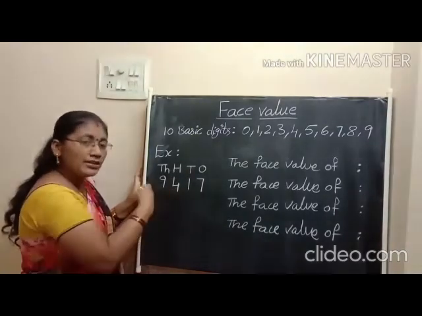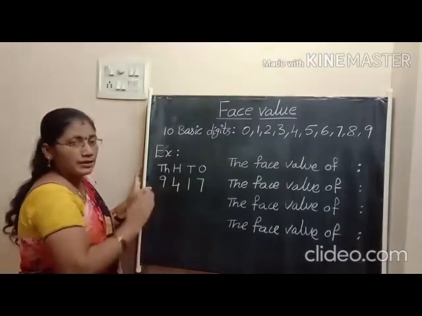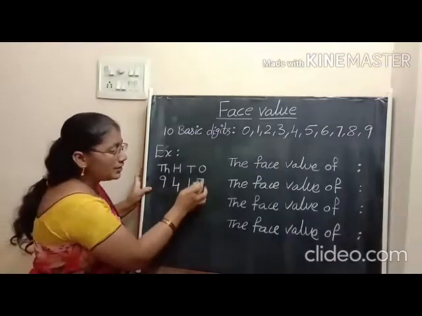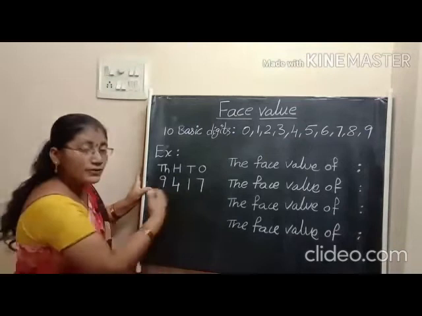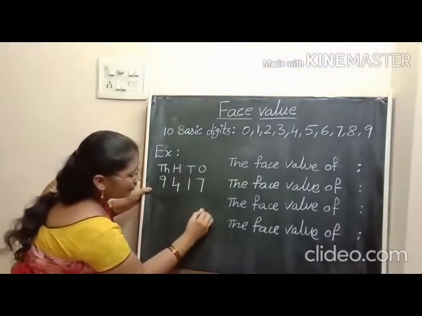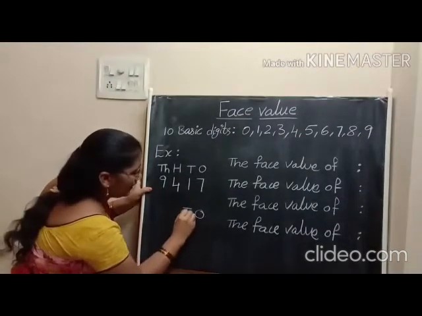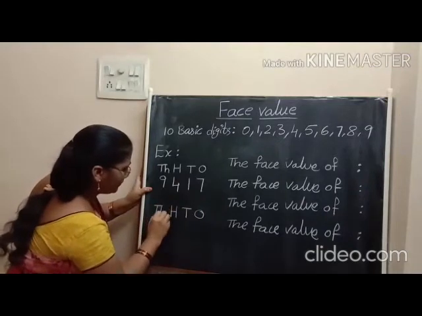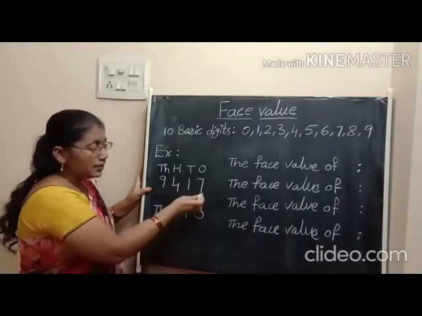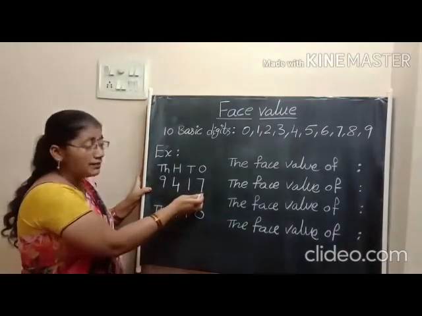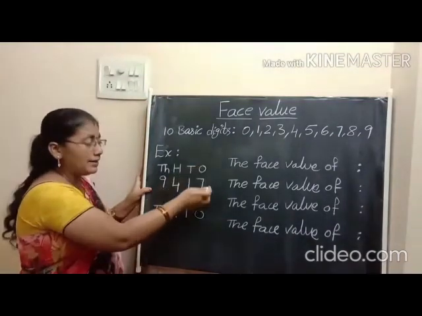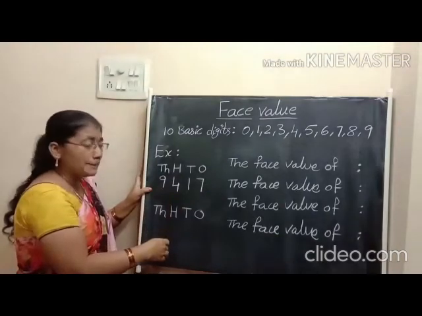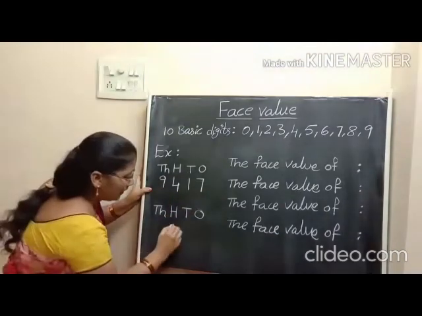Again, I am taking the same digits in different places. First, we will write places: ones, tens, hundreds and thousands. In the first example, 7 is in ones place, but now I am writing 7 in hundreds place.